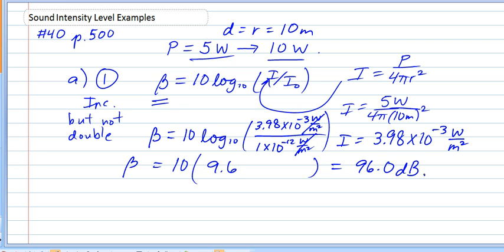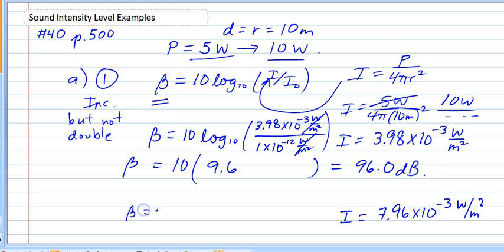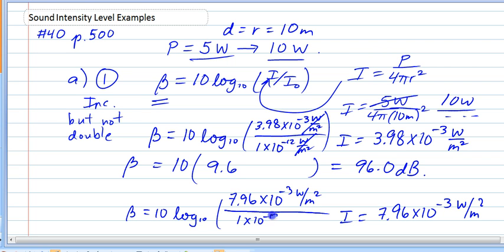Okay, now, if we double the power to 10 watts, same distance, that just means that the new intensity is 7.96 times 10 to the negative third watts per meter squared. And we plug that into a new calculation of the loudness: 7.96 times 10 to the negative third over 1 times 10 to the negative 12th watts per meter squared.